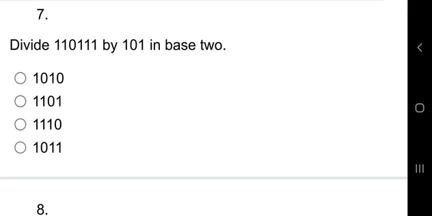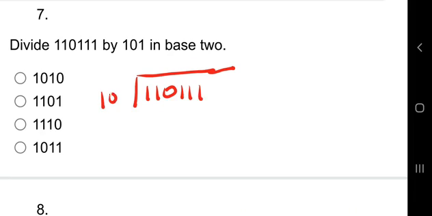All right. So what we're going to have here, we are asked to divide 110111 by 101. So we use the long division method here. There are two methods. Either you convert both of them to base 10, divide, then convert your answer back to base 2. But here we can do it straight. So using the long division method, we have 110111, then we have 101.